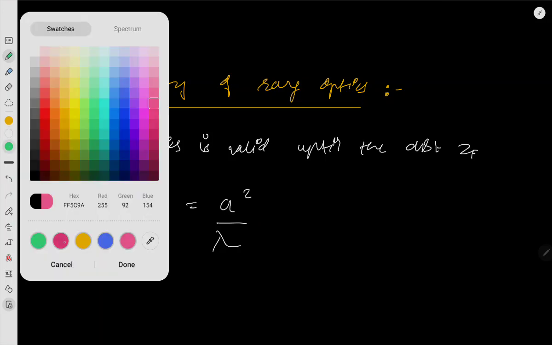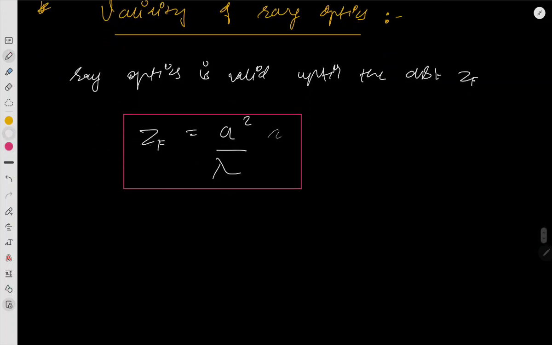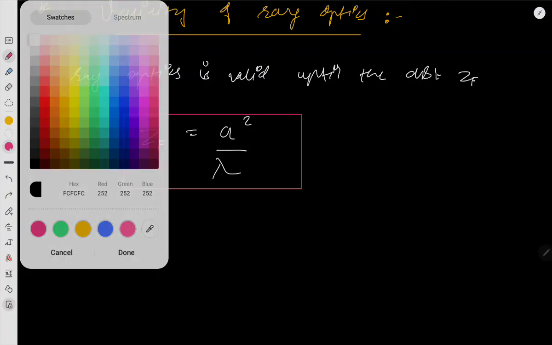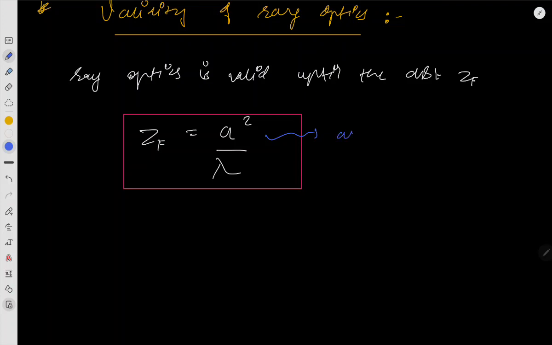This is a very simple but effective formula, because sometimes we may get confused. Here a is the width of the slit, or we can say the size of the slit.